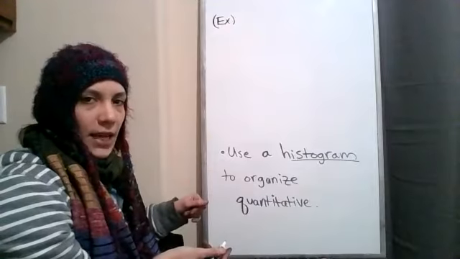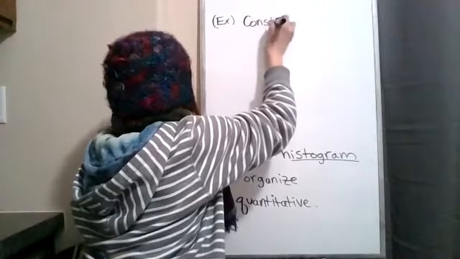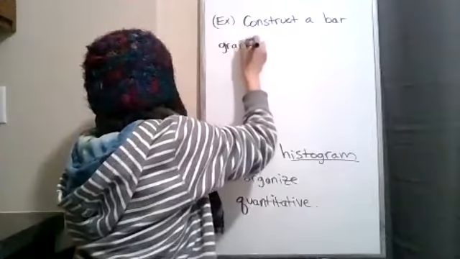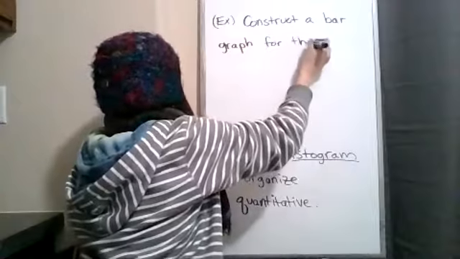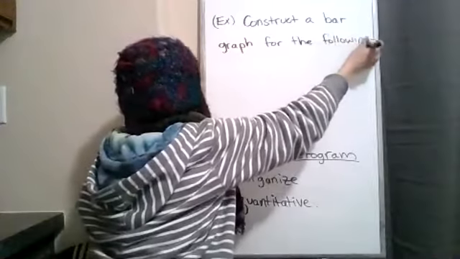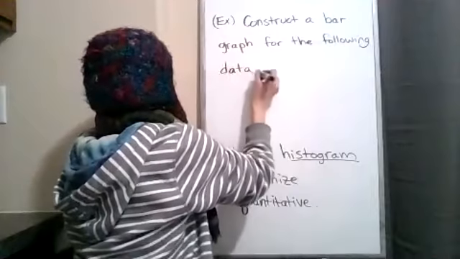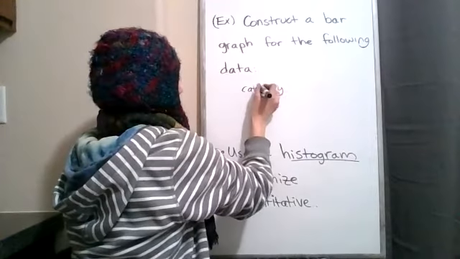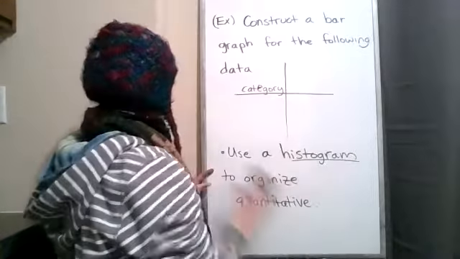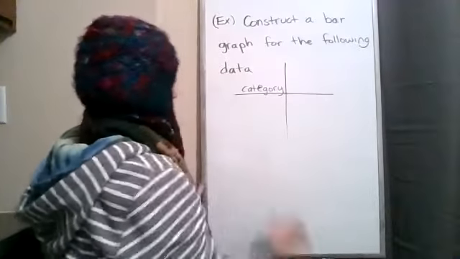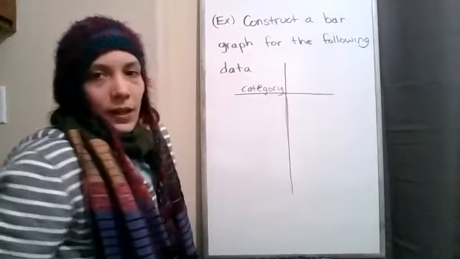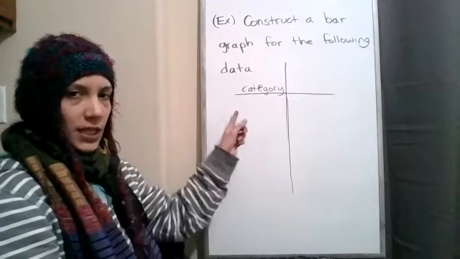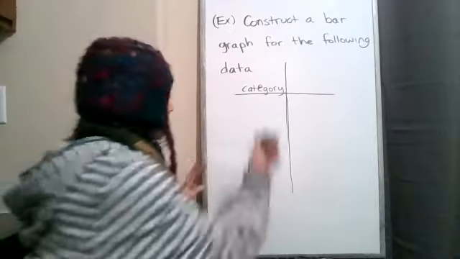Construct a bar graph for the following data. We're going to do red, orange, yellow, green, blue, purple, and have R for red, O for orange, and so on.